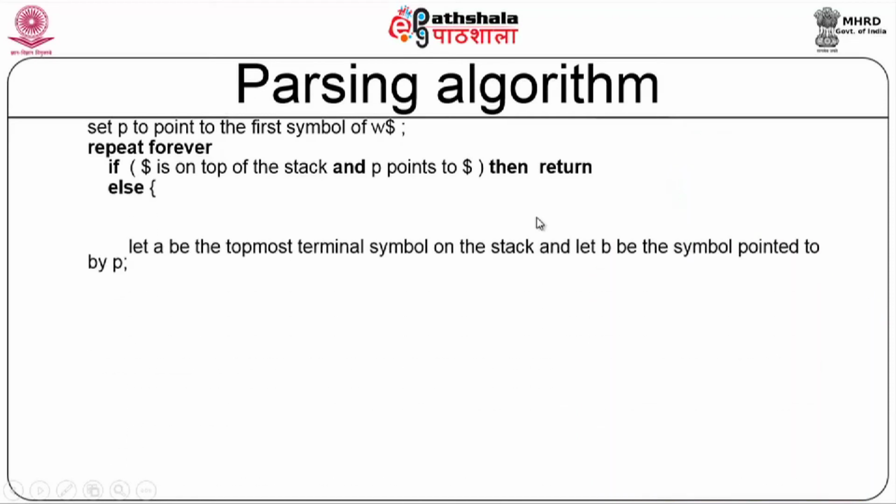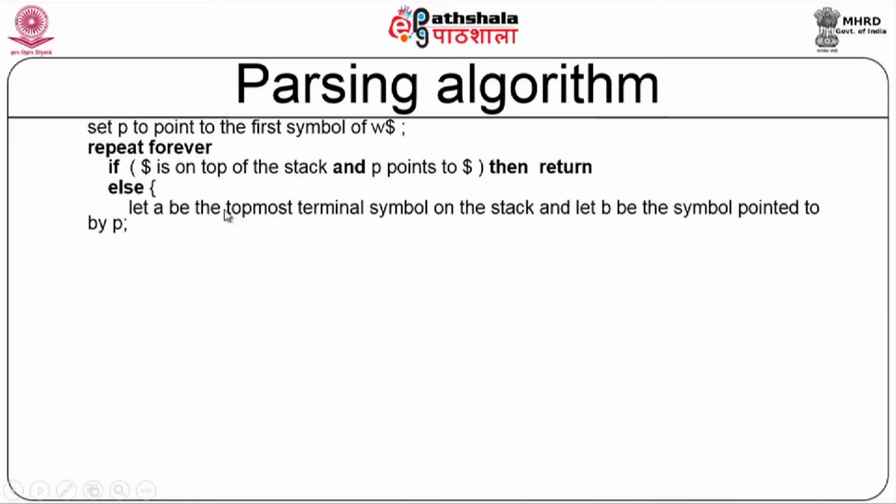Else, let A be the topmost terminal on the stack, and let B be the input symbol pointed to by P. So, you have A on the stack and B as the input, and if A is less than B or A equal to B, this means that A has a precedence less than B or A has a precedence equal to B. If A has a precedence equal to or less than B, then you do a shift action.